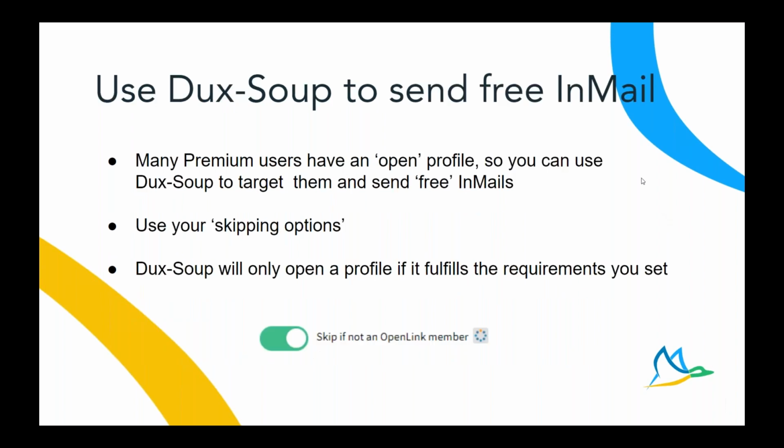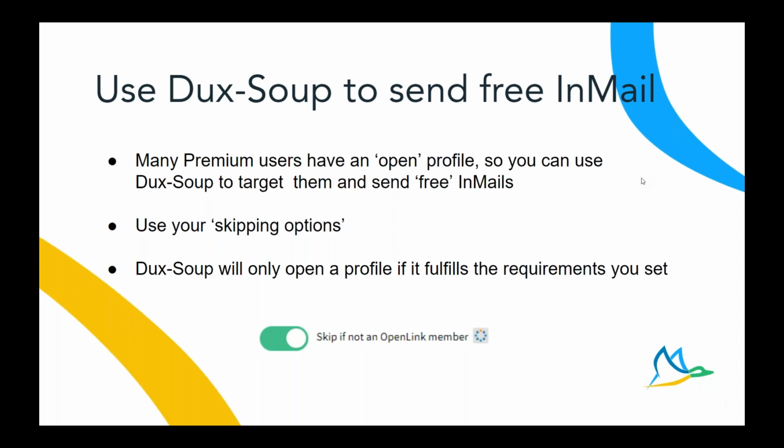As you've seen, we have a finite number of credits per month, but Dux-Soup also allows you to make use of the free InMail facilities within LinkedIn. Many premium users have an open profile, so you can send them an InMail without having to use up a credit. So within Dux-Soup, we have the ability to get Dux-Soup to skip a profile if it's not an open link member. And then if that person is able to receive InMails without using a credit, you can ask Dux-Soup to send that message to those.